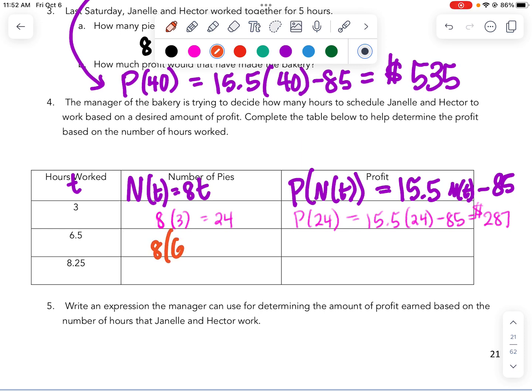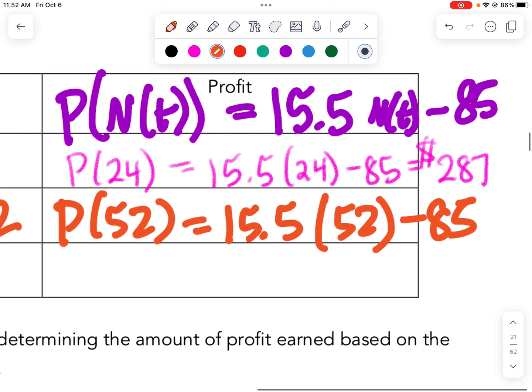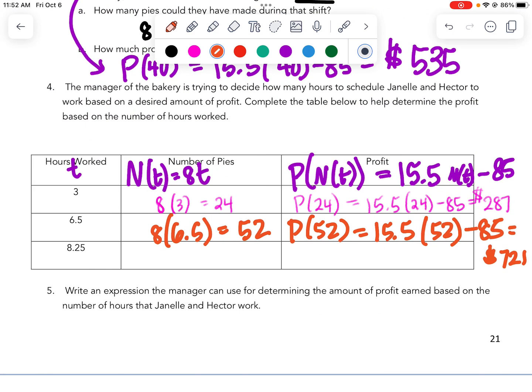Okay, what about for 6.5 hours? So it would be 8 times 6.5, which is 52 pies, but the profit of 52 pies would be 15.5 times 52 minus 85. I can't really squeeze it in there, but it's a profit of $721. And then the last one, what if they worked for 8.25 hours?